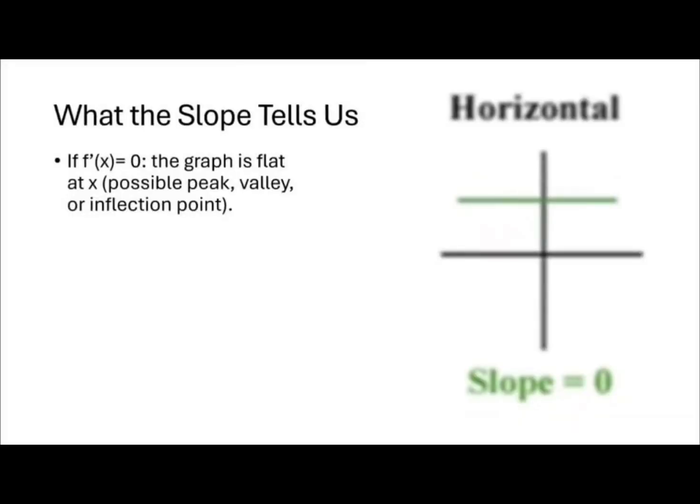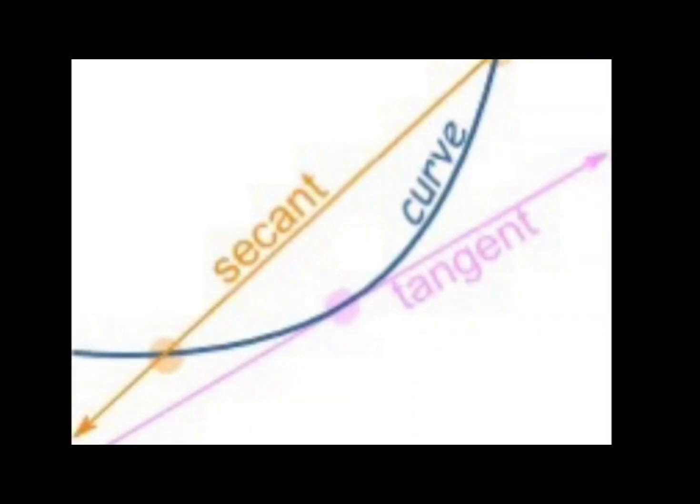And lastly, if f prime of x is equals to 0, the graph is flat at x, possible peak, valley, or inflection point. Now, for optional visualization, imagine zooming in on a smooth curve at point x. The more you zoom in, the more the curve looks like a straight line. That line you're seeing is the tangent line, and its slope is the derivative.